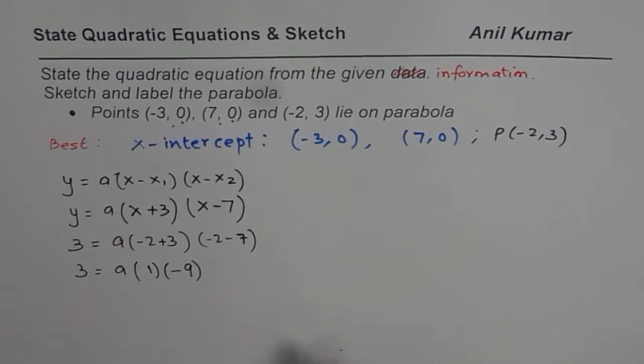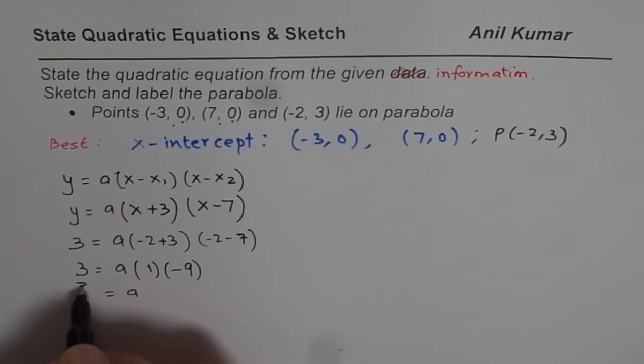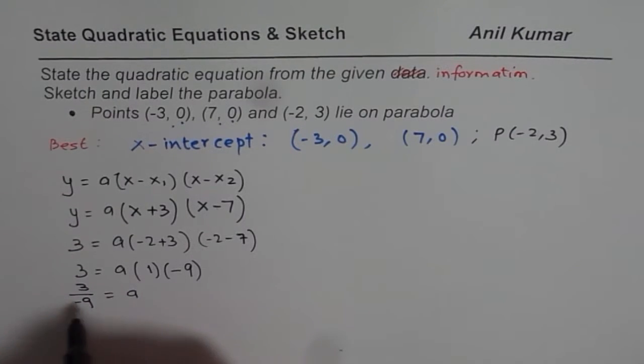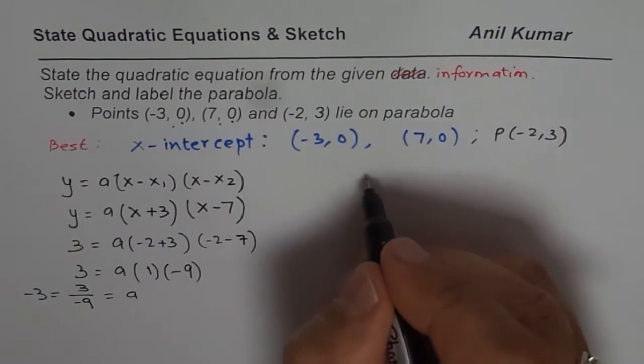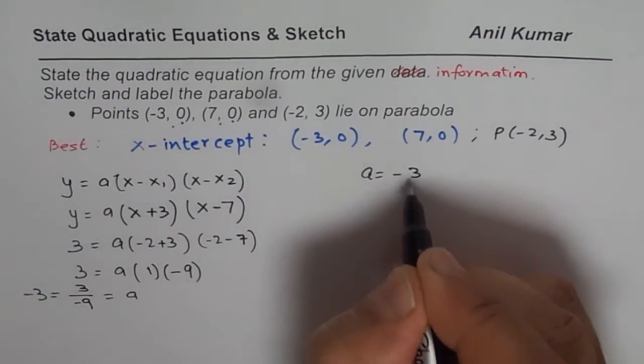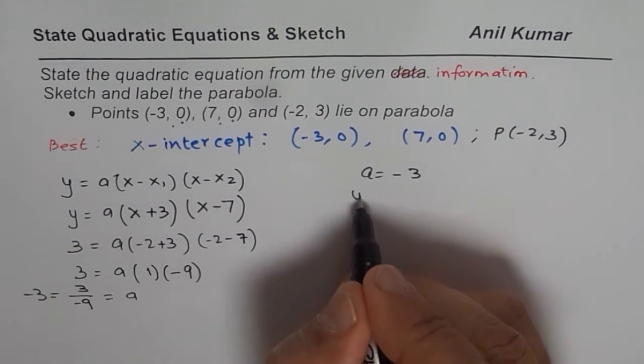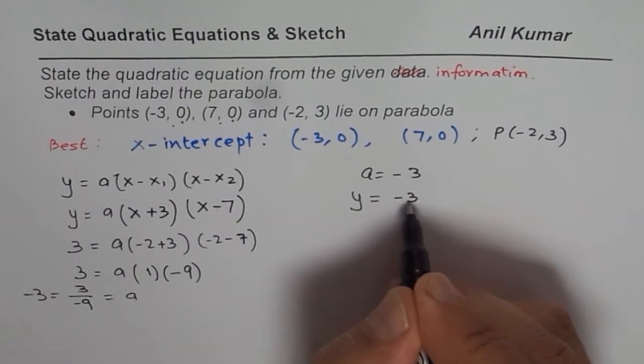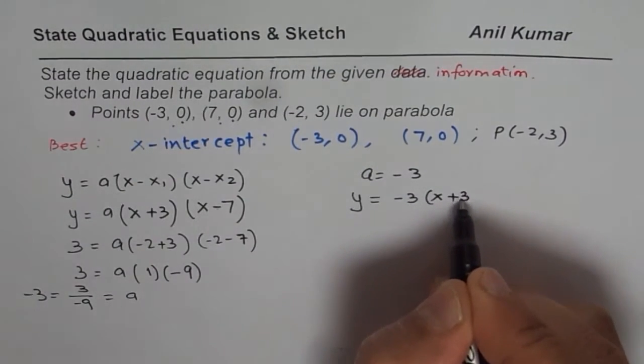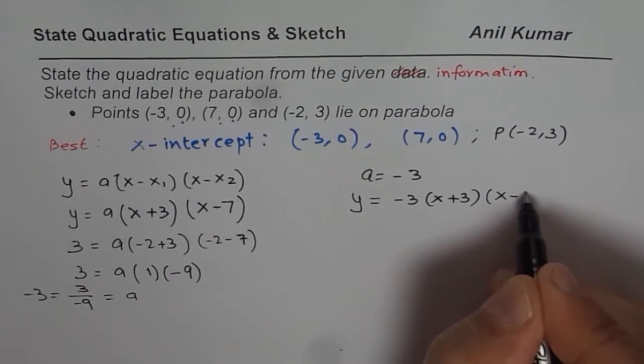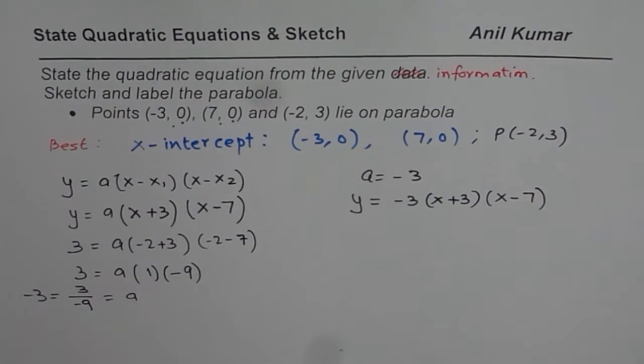So we get the value of a as 3 divided by minus 9, which equals minus 1/3. Once you get a, you can write the equation as y equals minus 1/3 times (x plus 3) times (x minus 7). So that is how you get your equation.